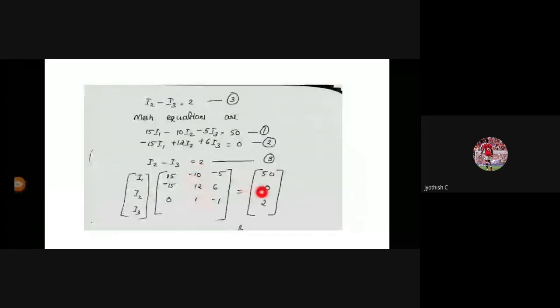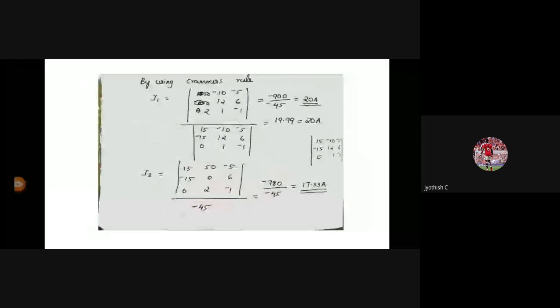And the third column will be the same. That is for I2, divided by the determinant value. You first find the determinant of the coefficient matrix, and then you will get the value minus 45. So you can simply write minus 45 here.